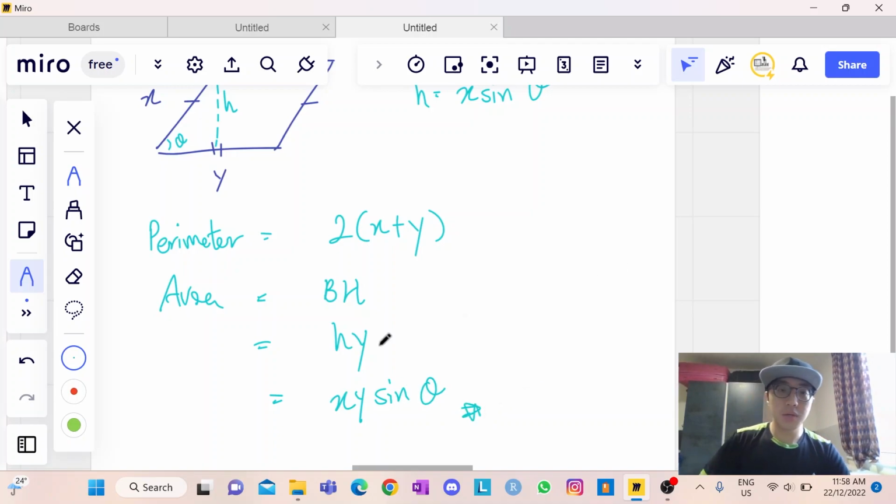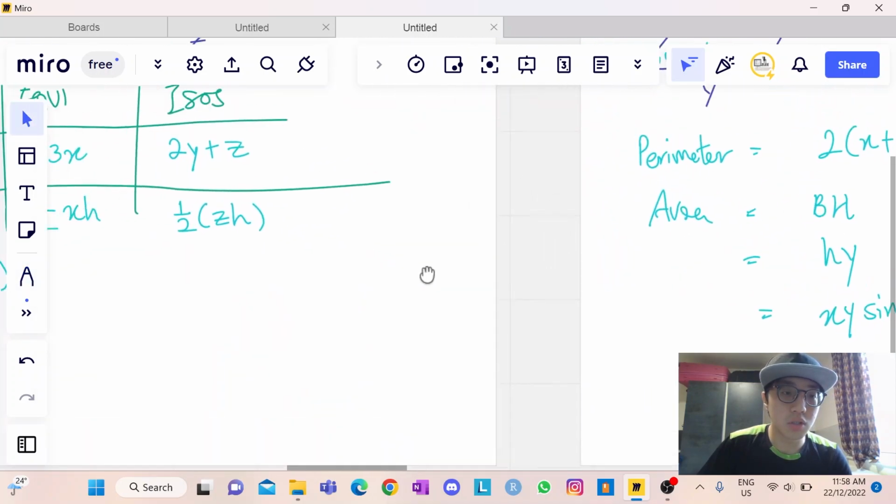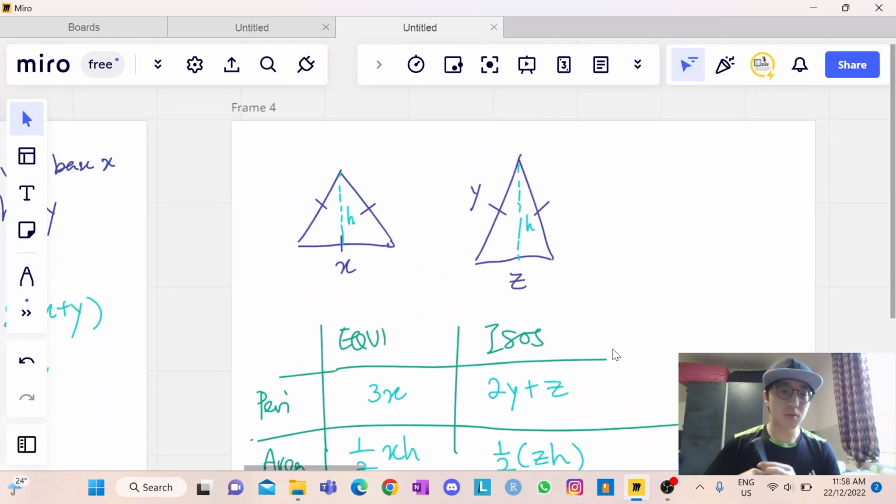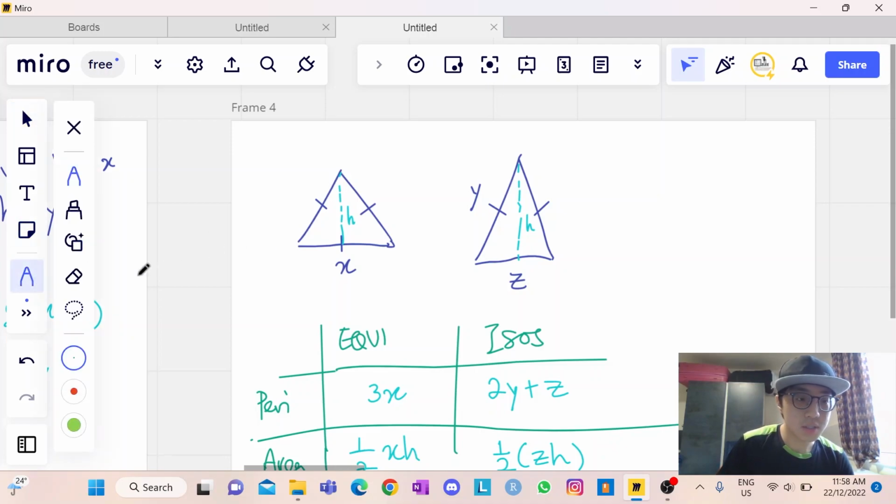All right, so if we're gonna do it in terms of this also, let's go back to the triangles. All right, so if we say this is theta, then h is gonna be x sine theta also. And this is theta, and h is gonna be y sine theta.